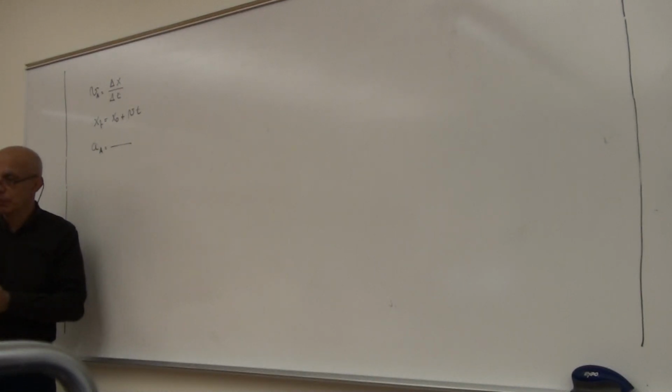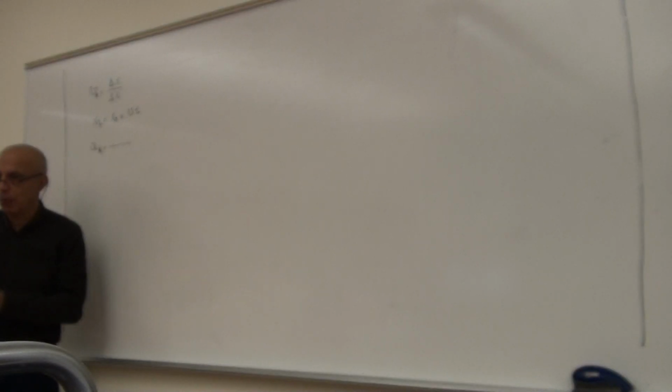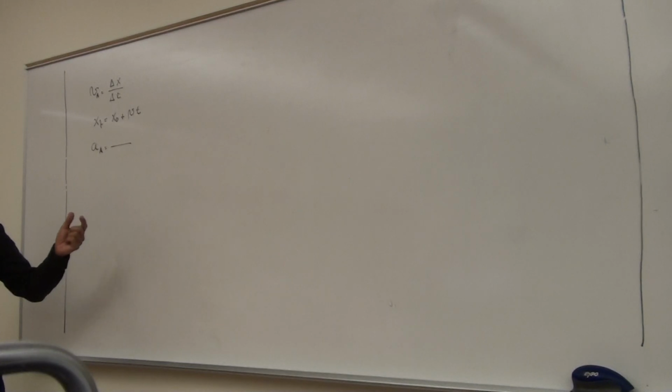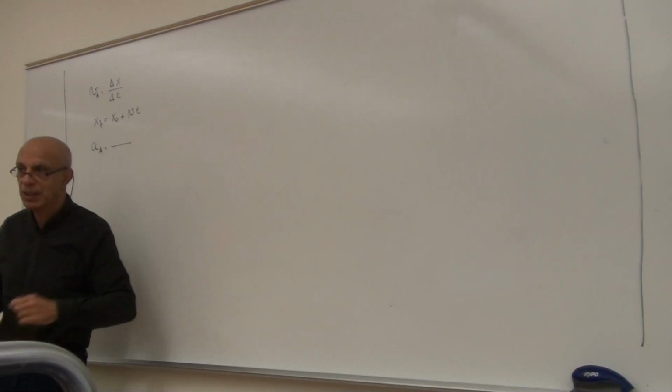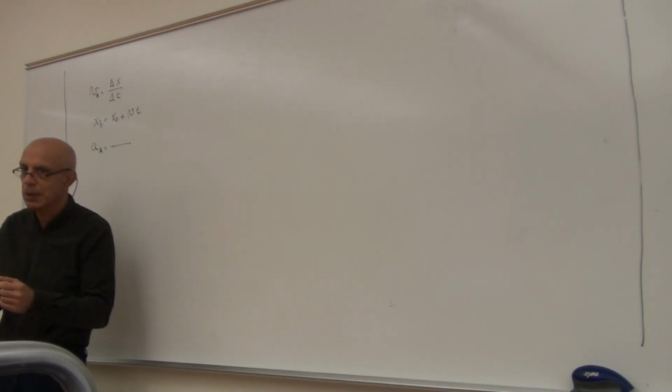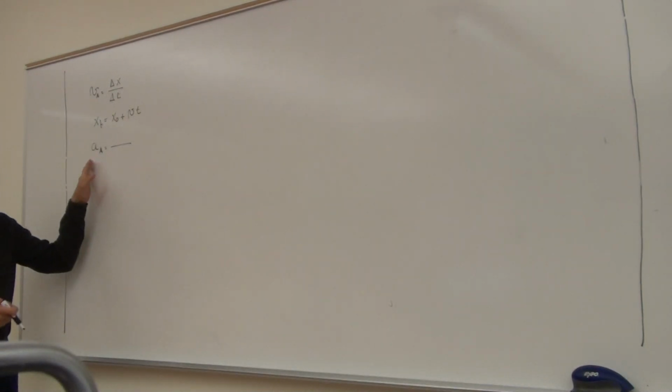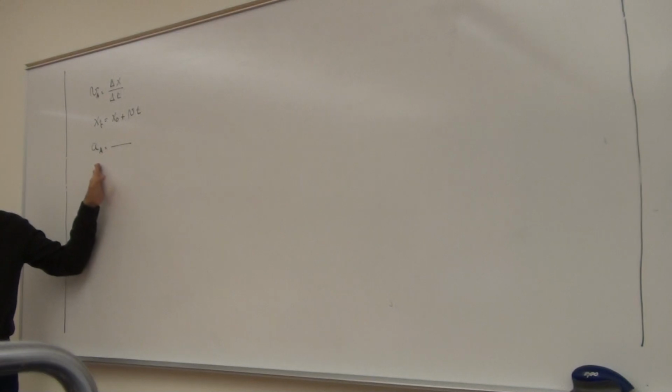Something is moving, its position is changing at a constant pace, so velocity is constant. Now, if this change is not at a constant pace, so if every second the position is increasing or decreasing, then that implies we have some sort of acceleration.